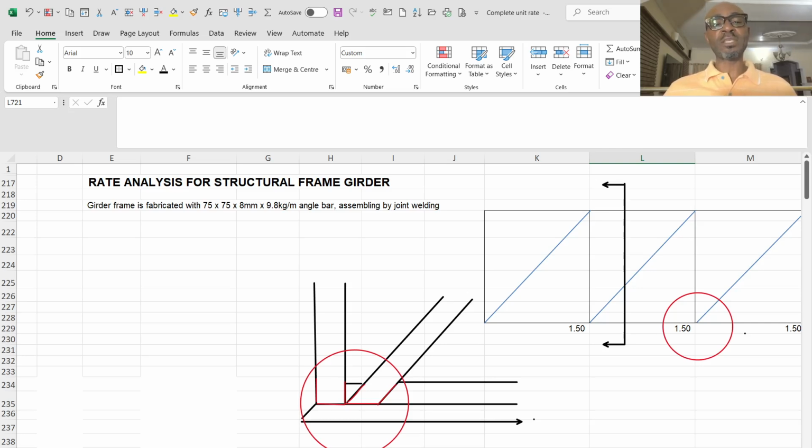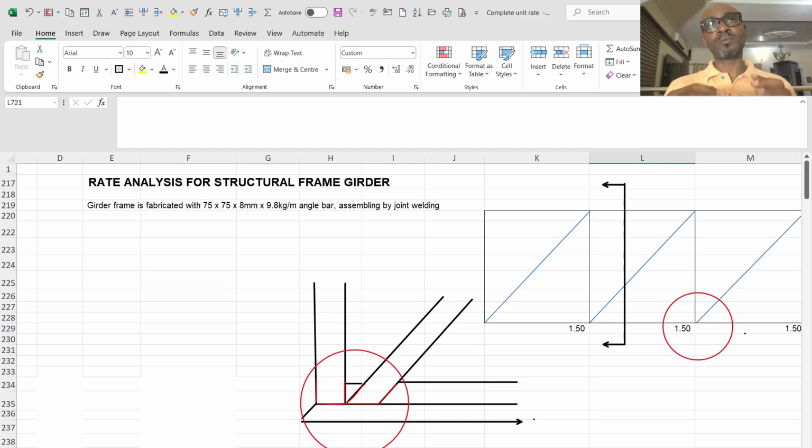Before we proceed, I want us to understand the logic and the steps we need to take when building up rate for structural steel.